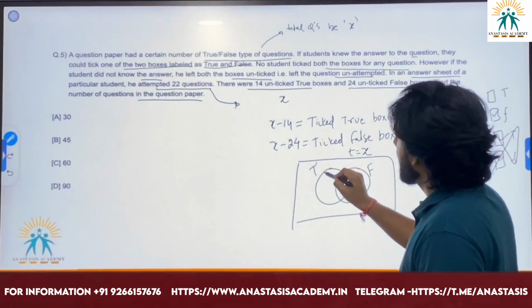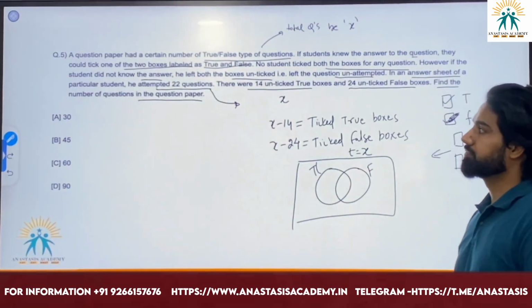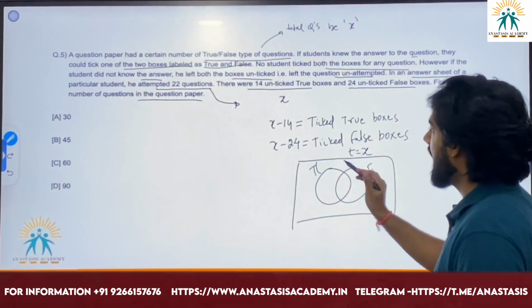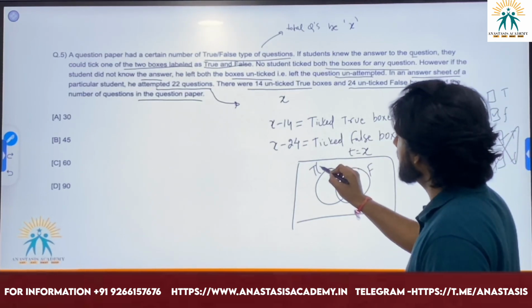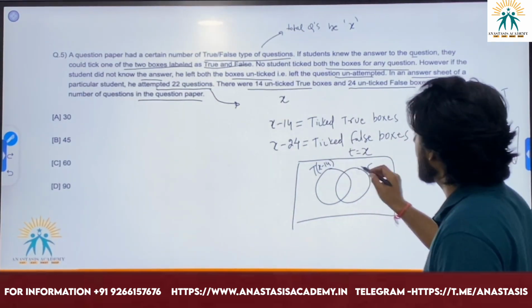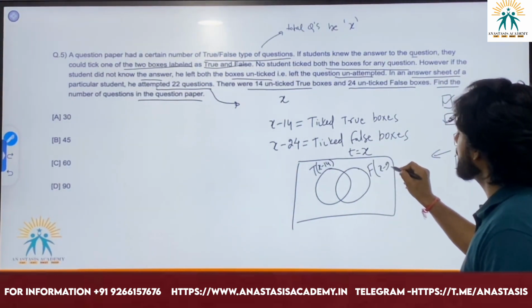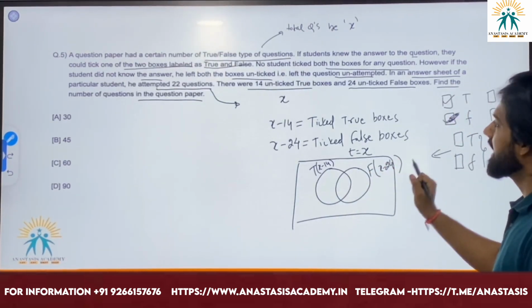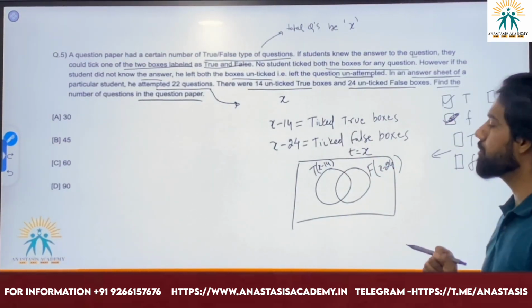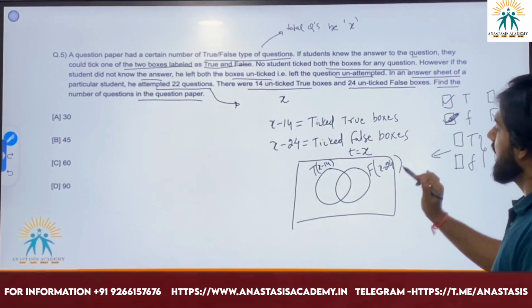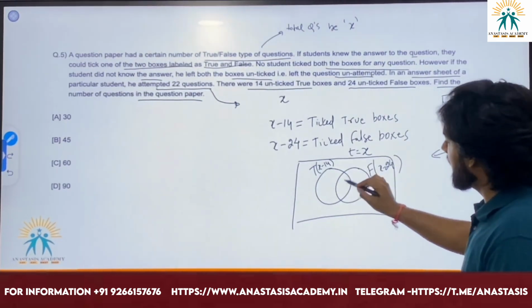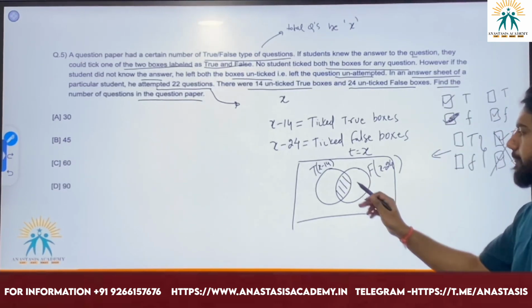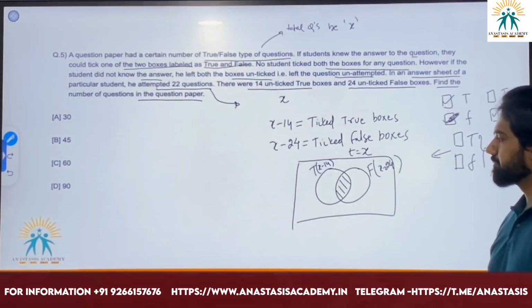I know this student attempted 22 questions. x minus 14 true boxes are ticked, and x minus 24 false boxes are ticked, and he has attempted a total of 22 questions. And this is the overlapping region.